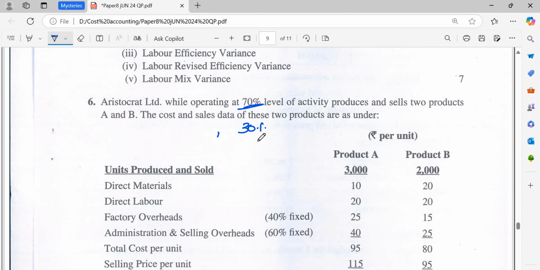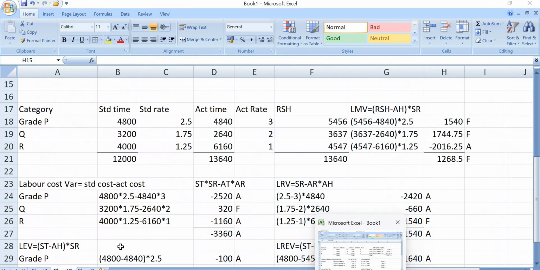Based on 10 rupees per machine hour, 25 divided by 10 gives 2.5 hours, and 15 divided by 10 gives 1.5 hours. So for producing 1 unit of A, I require 2.5 hours, and for B, I require 1.5 hours. Fine, this we have already calculated.